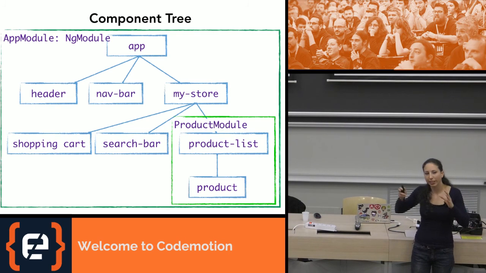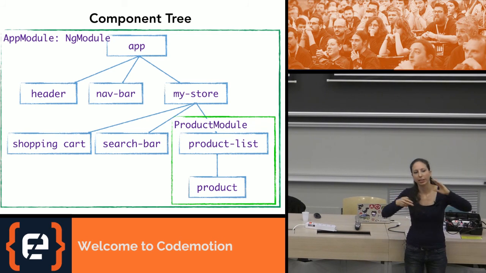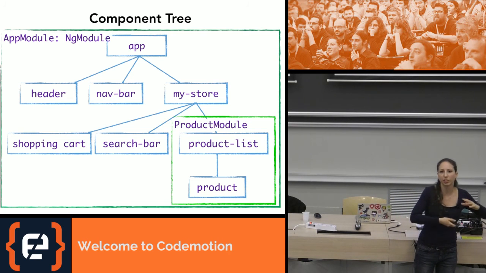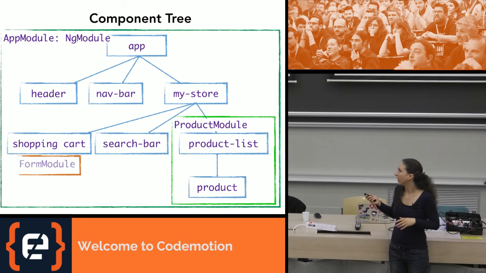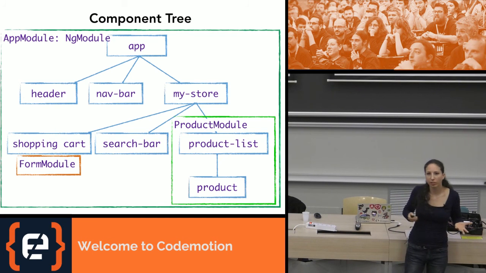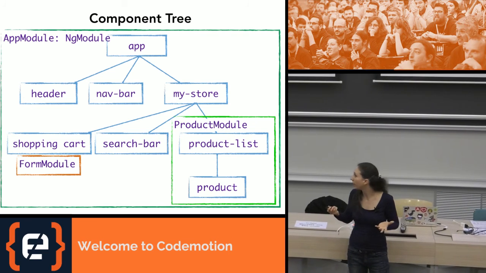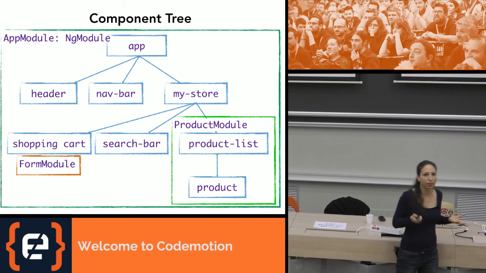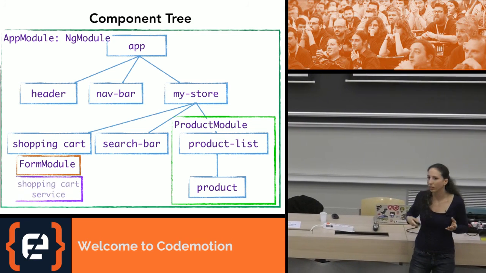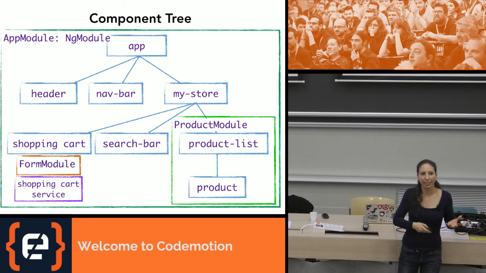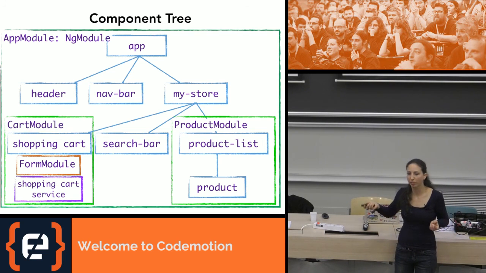And we can take parts of the tree and have them in their own modules because they have their own functionality. Okay? And modules can use other modules, for example, the forms module that I mentioned and the router module. And they can use services which are provided to the application through the module. Okay, so this will be another module.